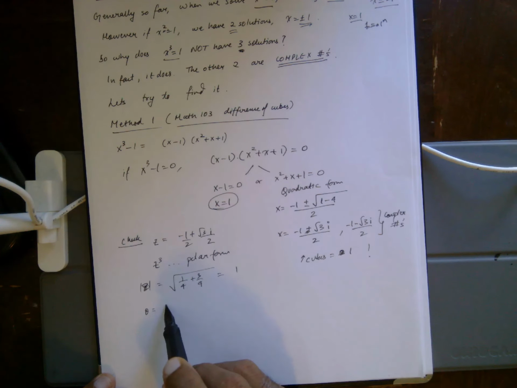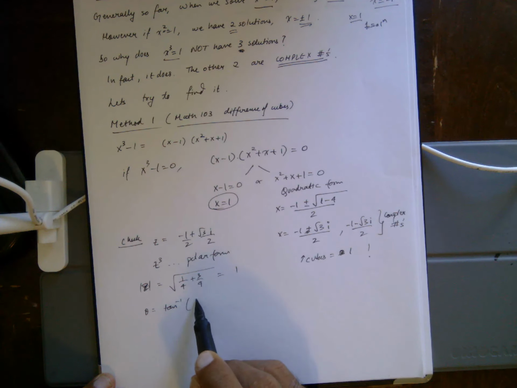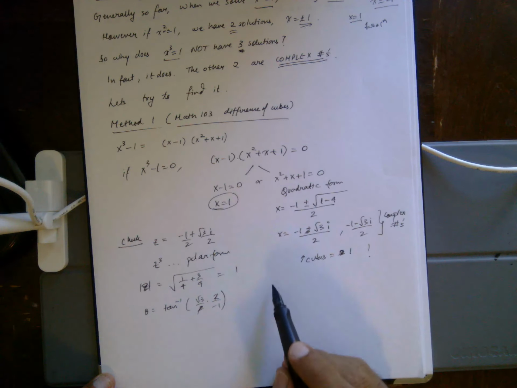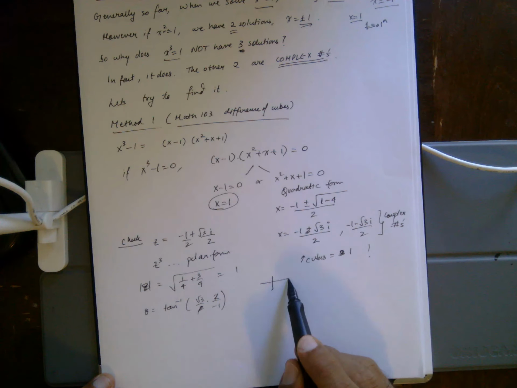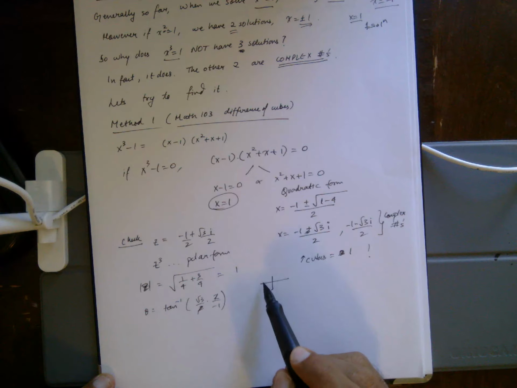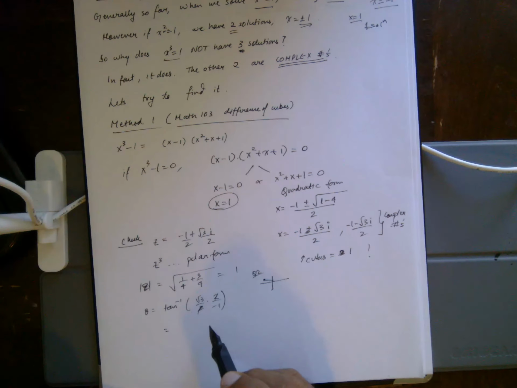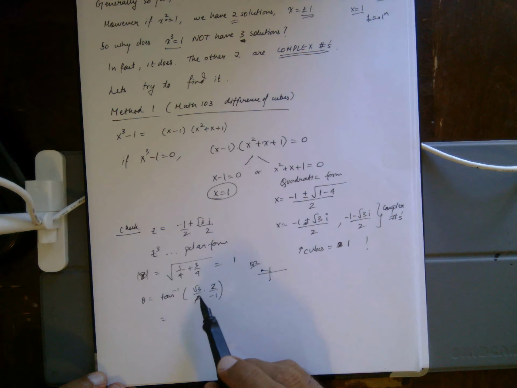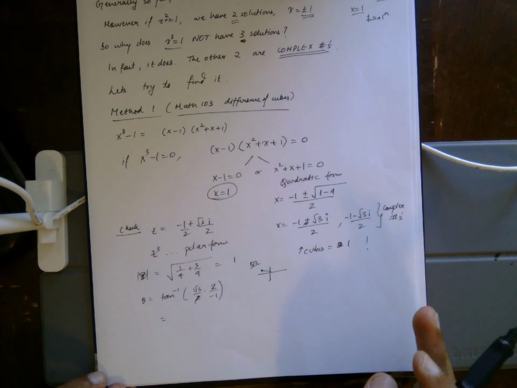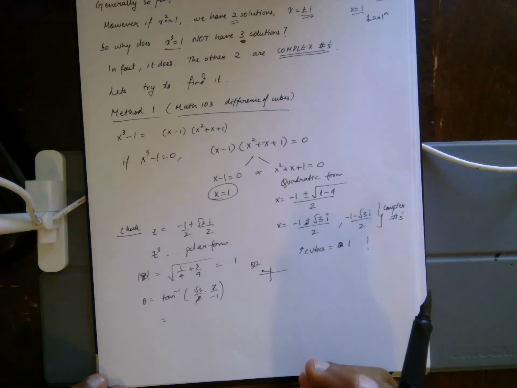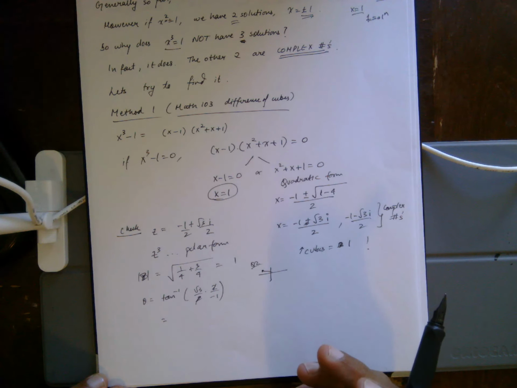The angle is tan inverse of root 3 over 2 times 2 over negative 1. So it's negative root 3. Where is this point? This point is in quadrant 2. Now tan inverse of just the square root of 3 is, let's see, sine is 1/2 times 2 over root 3.